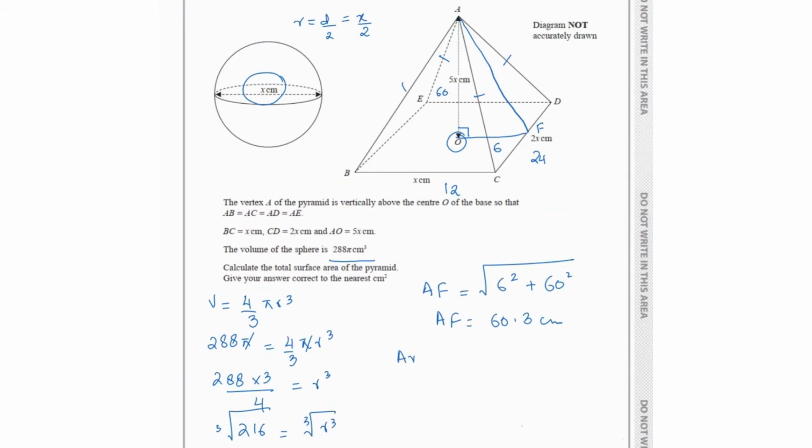So area of ACD and ABE. If you notice, it's a rectangular base. So that means the bases are not identical for all 4 triangles. The 2 triangles opposite to each other are identical.